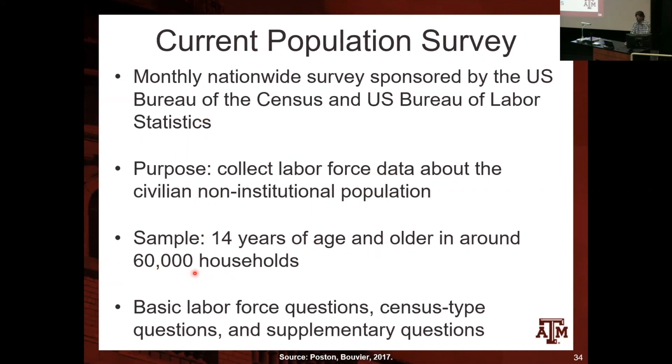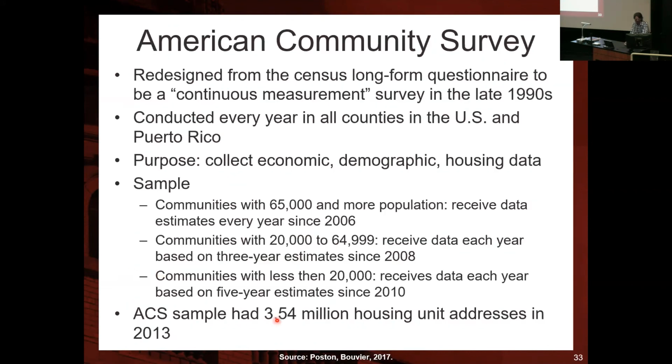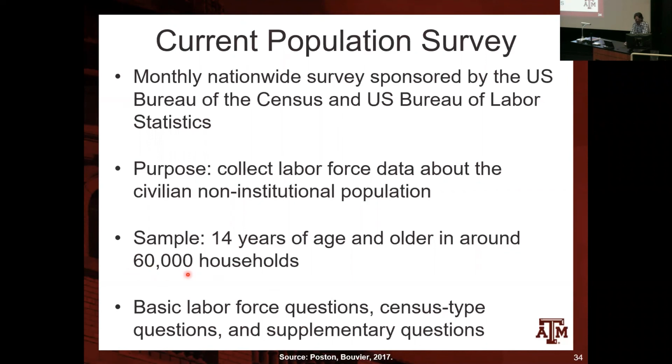So the sample size, the number of questionnaires implemented, is much smaller than the American Community Survey. The ACS is 3.5 million households. The CPS, 60,000 households. But the interesting thing about the CPS is that it collects data every month. So it has information about the labor force and similar questions as the ACS, and in some years, some more supplementary questions as well.